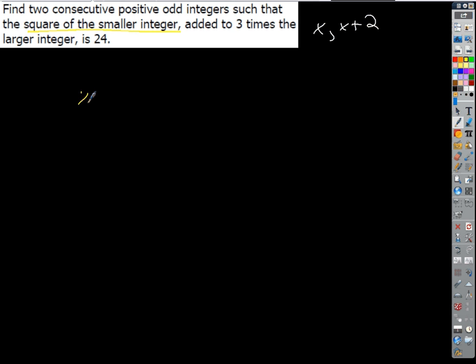So that's going to be x squared added to 3 times the larger integer, x plus 2, is 24.